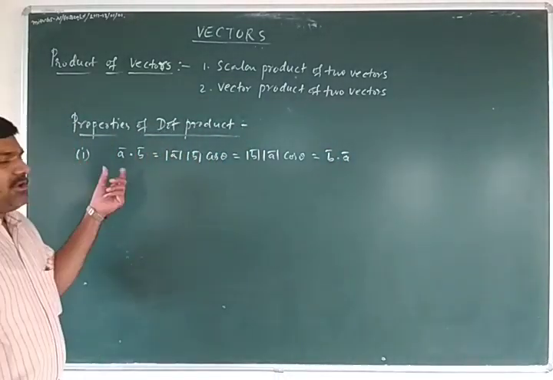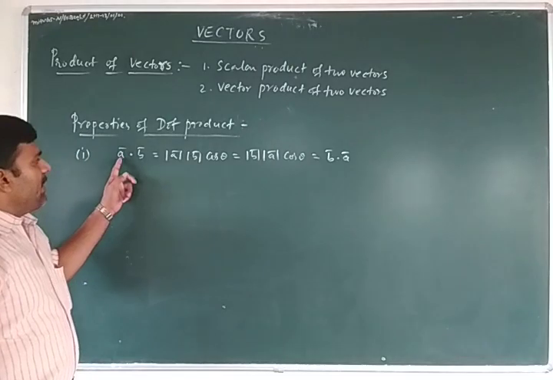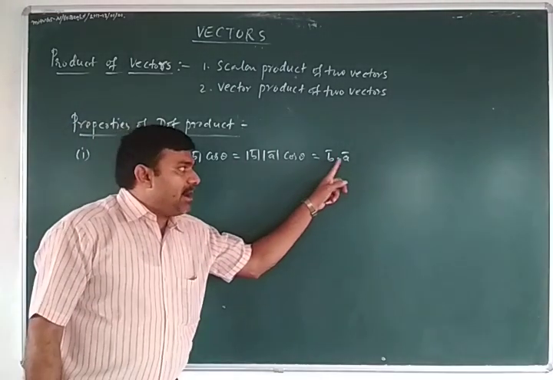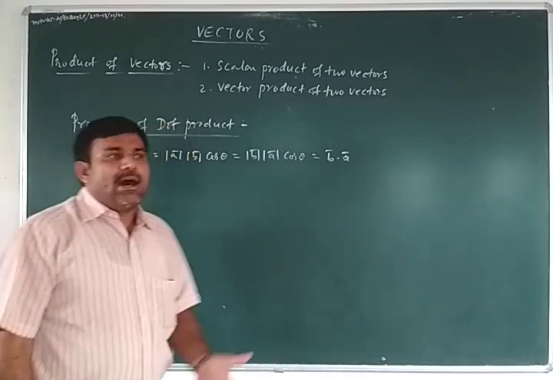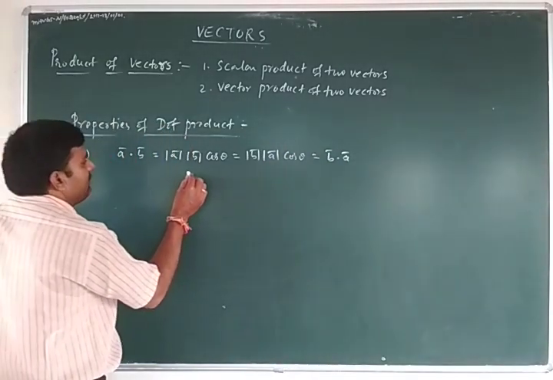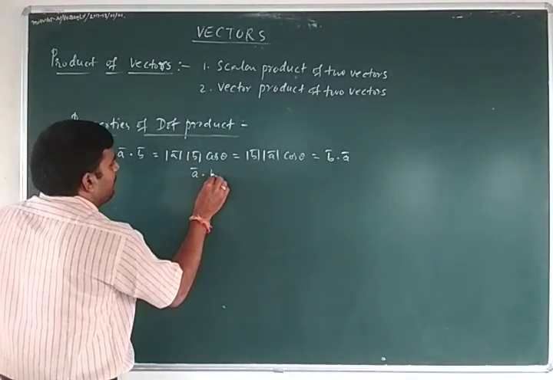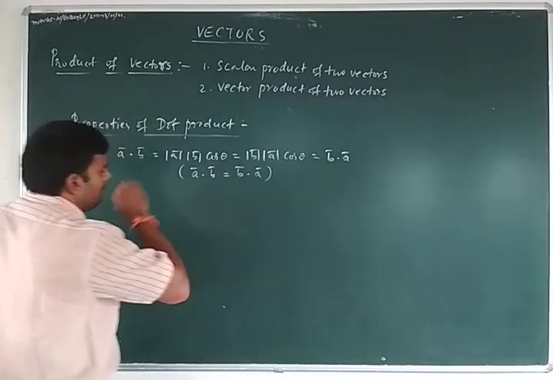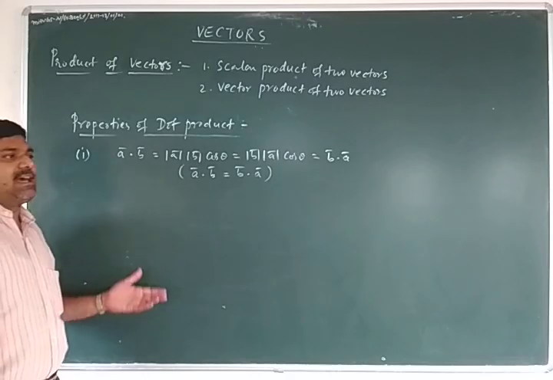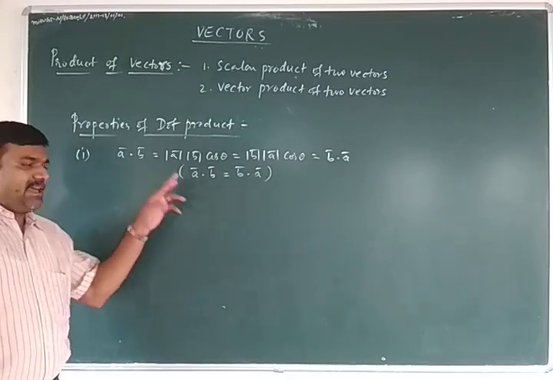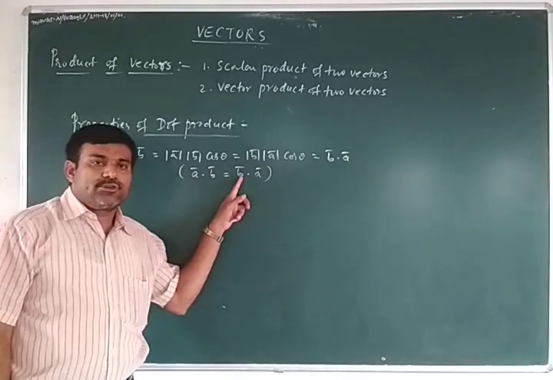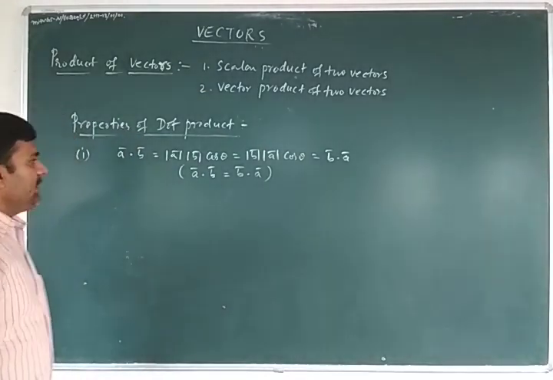So observe clearly that the values of A bar dot B bar and B bar dot A bar are equal. That is one property: A bar dot B bar is equal to B bar dot A bar. For the dot product of two vectors, interchanging them does not change the value.